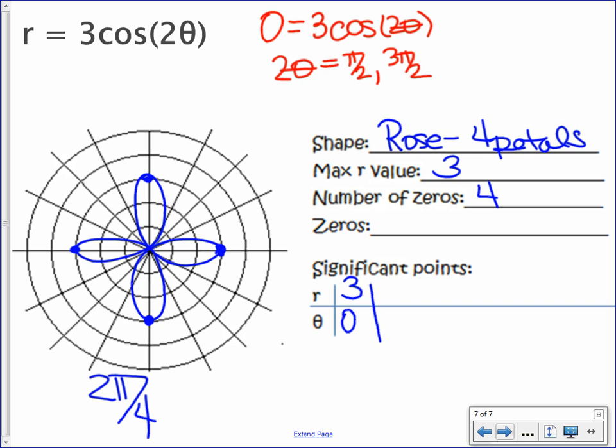So where would the next 2 places be? It's like 5 pi over 2. Mm-hmm. 7 pi over 2. Good. Then what would we have to do to find theta? Divide by 2. Good. So your zeros should be at pi over 4, 3 pi over 4, 5 pi over 4, and 7 pi over 4.